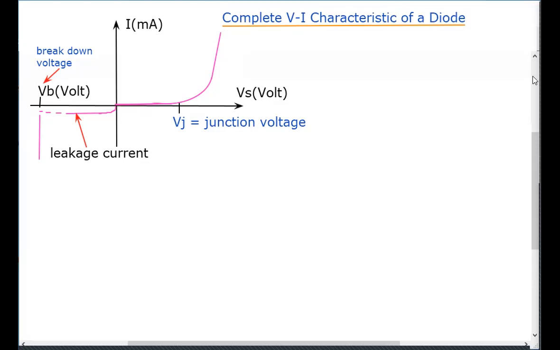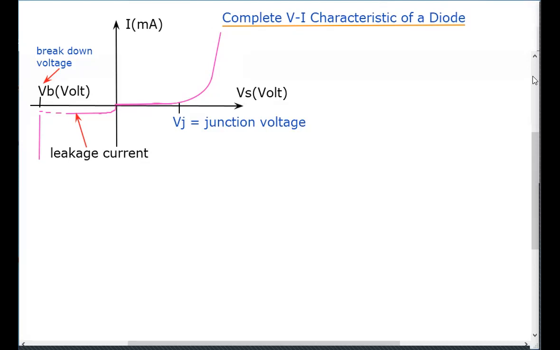Sometimes in the examination they will give 0.2, or 0.3 volts, so you should identify that in the question. If it says the junction voltage is 0.3 volt or 0.2 volt, what kind of diode is it? It's a germanium diode.